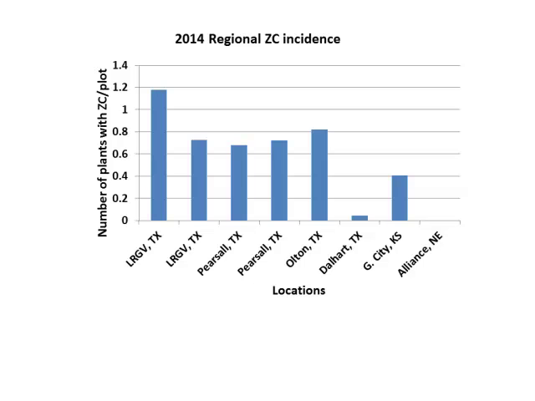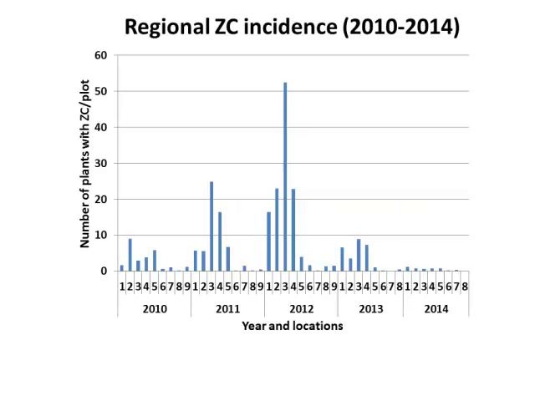So in 2014, you can see here that per plot, the maximum you get is in Lower Rio Grande Valley, about 1 plant infected per plot. That is very, very low. We've never seen that before at all. And then as you go north a little, it will decline a little bit, and we never found any in Alliance, Nebraska this year. That's quite dramatically different from what we used to see.